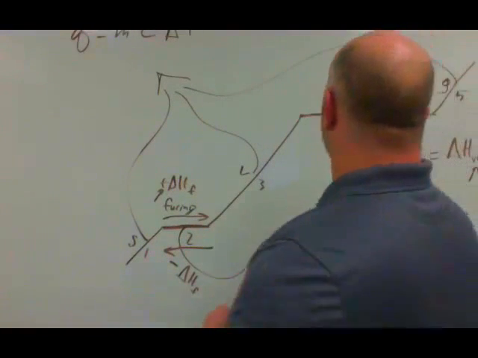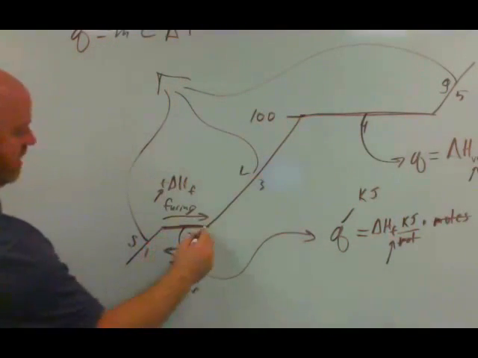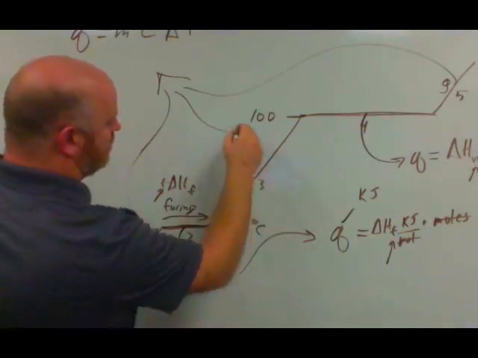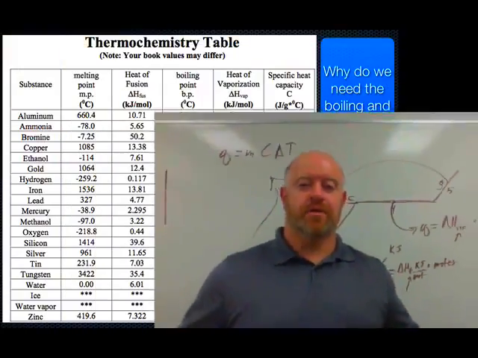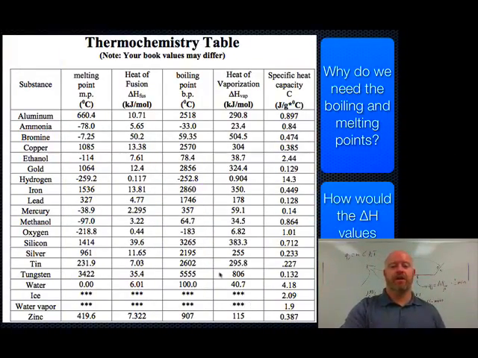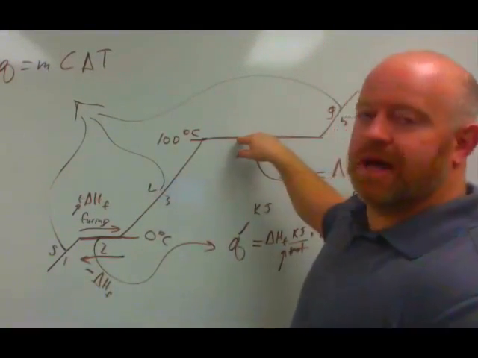So we know that this flat line is at 100 and this flat line is at 0 degrees C. For any other chemical, however, we don't know that. So if we're dealing with energy changes with ethanol, for example, and we're changing the temperature of ethanol, it boils at 78.4 degrees Celsius, not 100. So its flat line is going to be in a different spot.